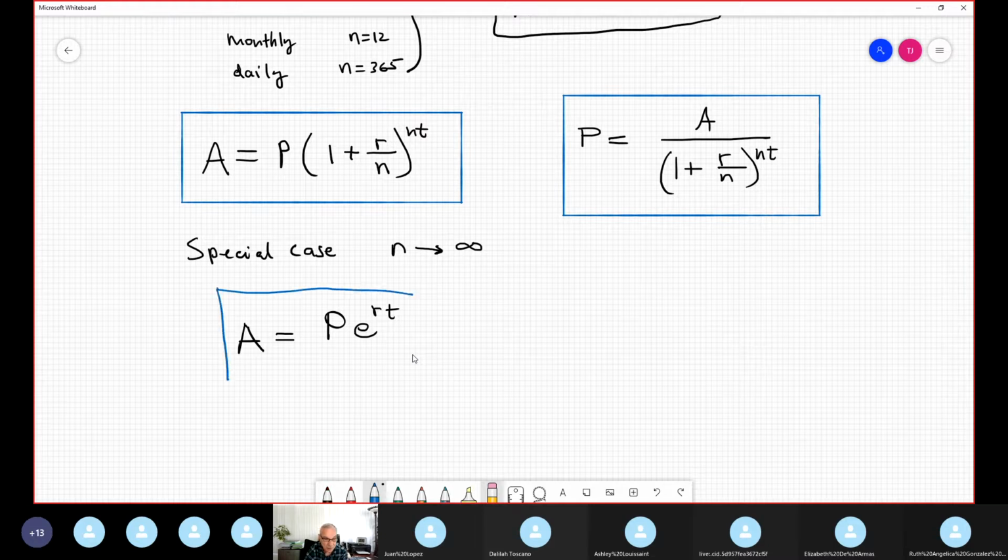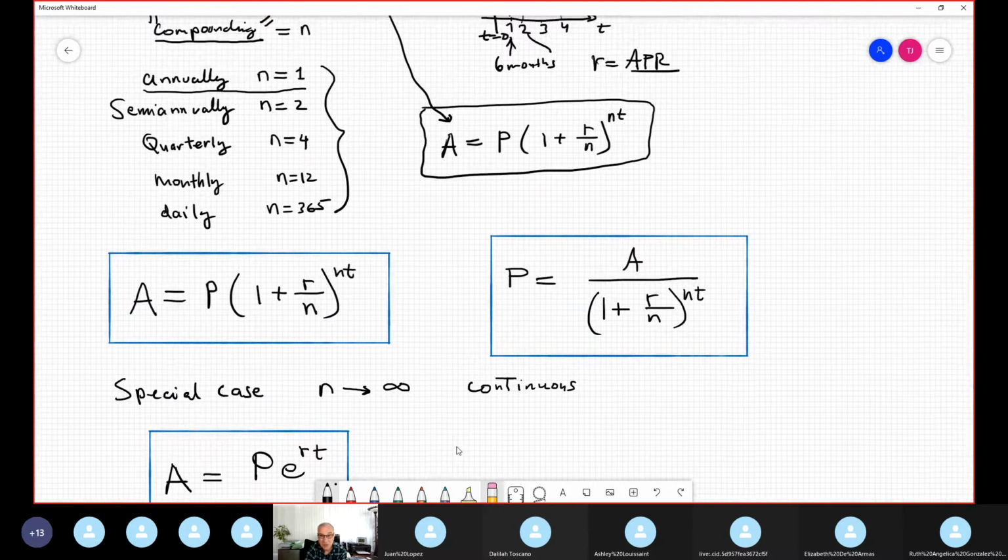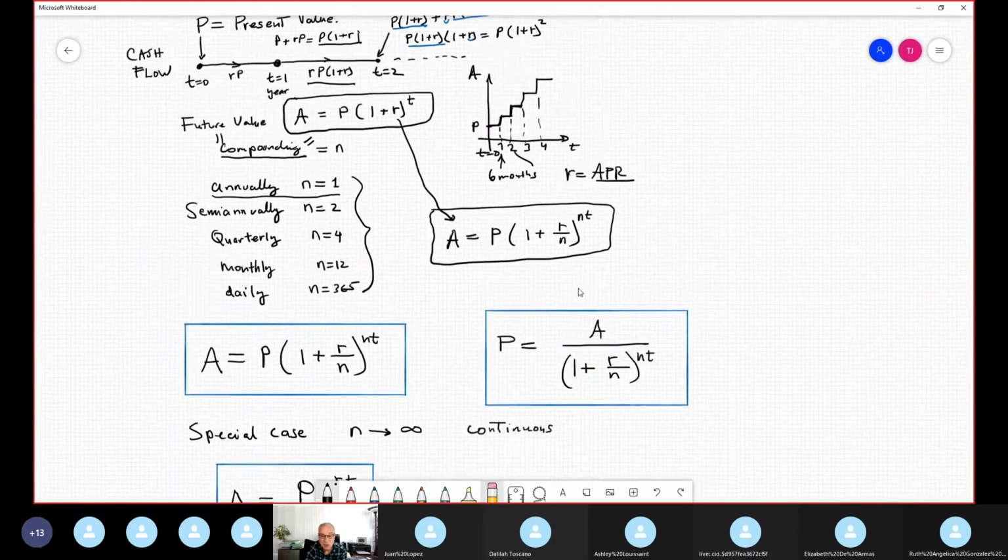This is the technical name: continuous compounding. This situation happens when you suppose that it is continuous. What is the idea for the continuous? The idea for the continuous is the supposition that this stair actually is not stairs. It's exponential, like that.